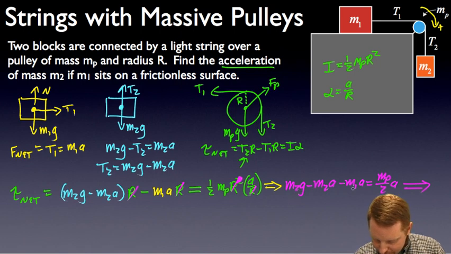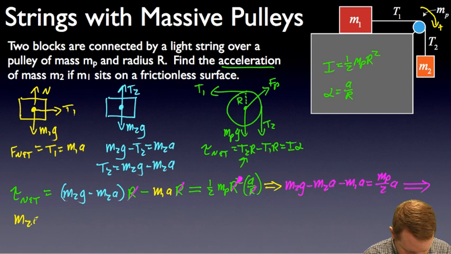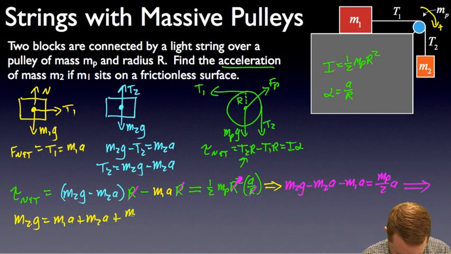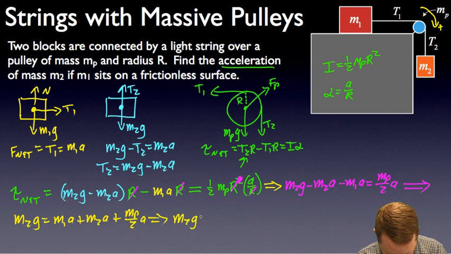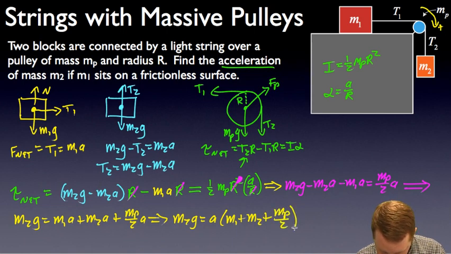So let's see what we can do toward that end. If I add m2a and m1a to both sides, my left-hand side remains m2g must equal m1a plus m2a plus mp over 2 a. And I can pull the a out of the right-hand side to say that m2g must equal a times m1 plus m2 plus mp over 2.